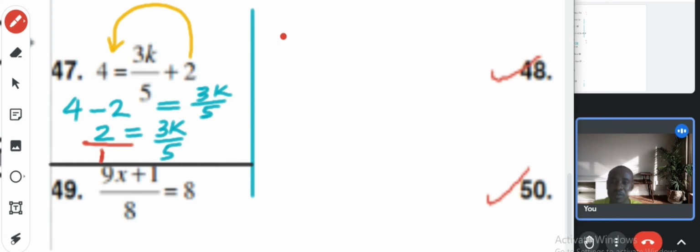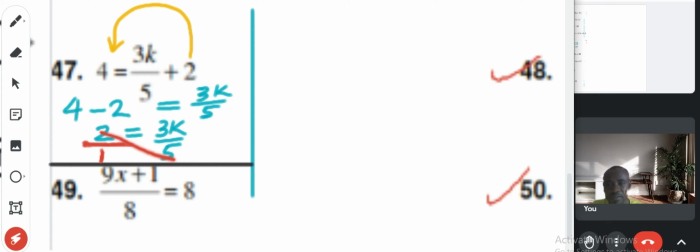So go ahead and cross multiply now. Let's go. So, good. 1 times 3k will give us 3k.